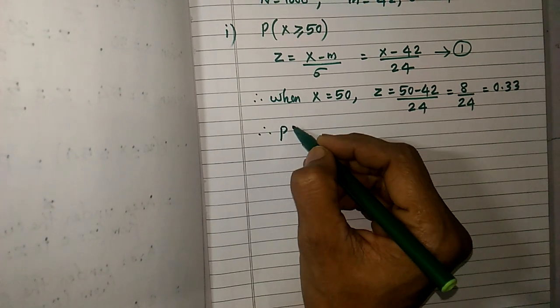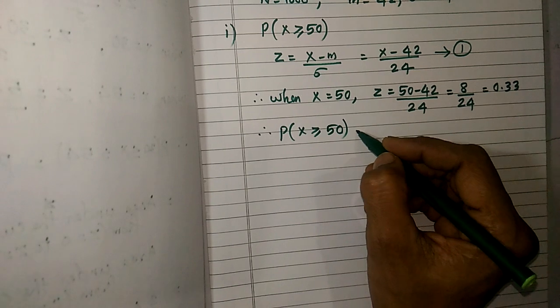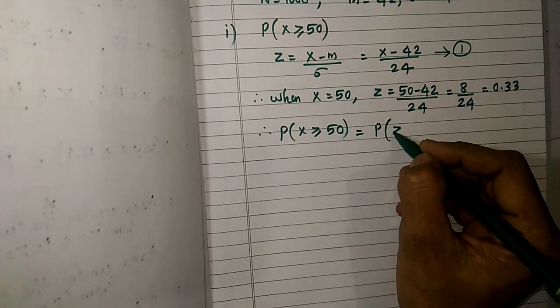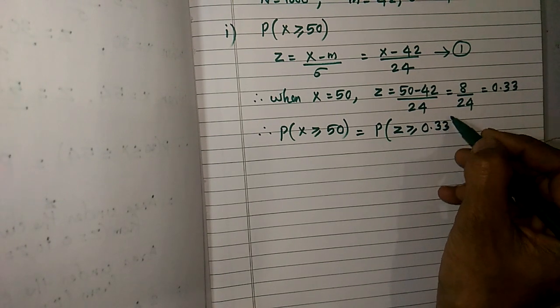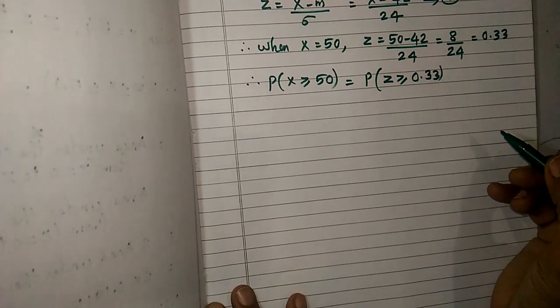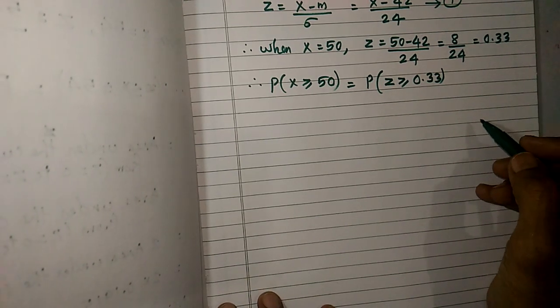Therefore, the probability that x is greater than or equal to 50 is equivalent to the probability that z is greater than or equal to 0.33. So, let's draw a standard normal curve for this.